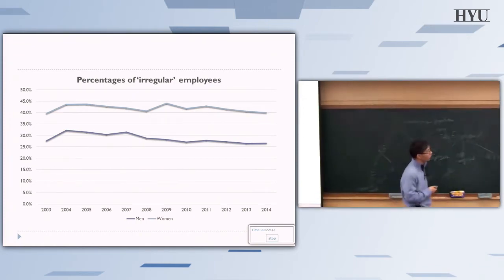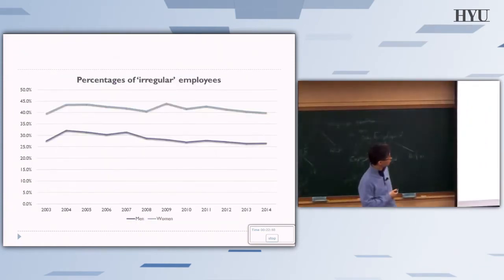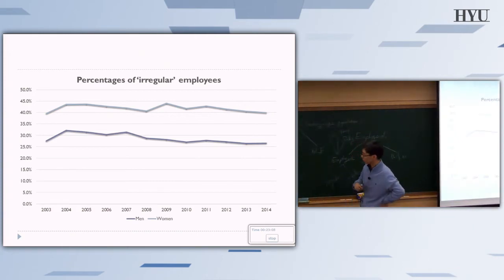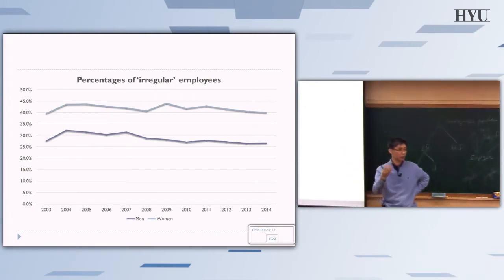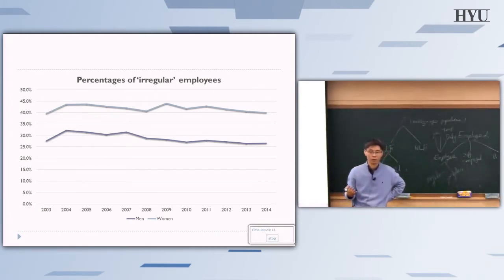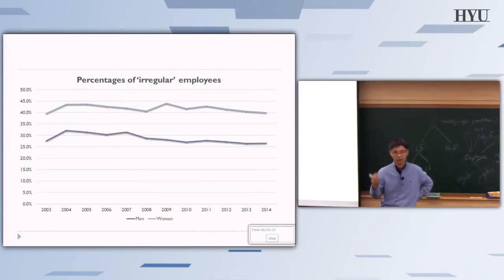When the Statistical Office of Korea collects information about the labor force, they collect information about whether the person is regular or irregular only in March and in August. They don't do it every month. Every month we collect the data on whether this person is employed or permanent employees, temporary employees, or daily employees. Those monthly statistics are available.